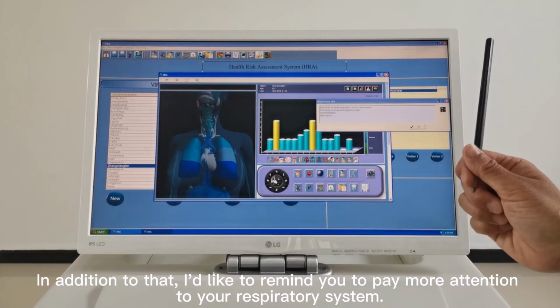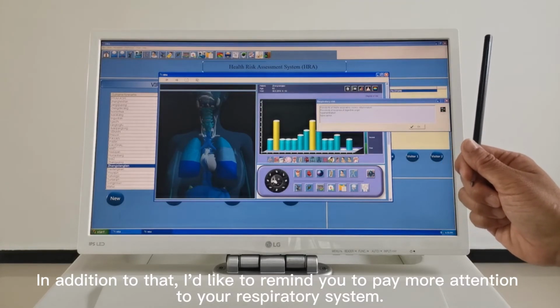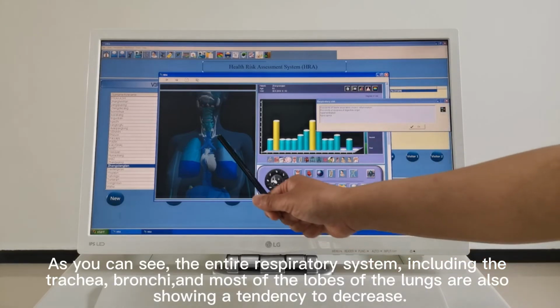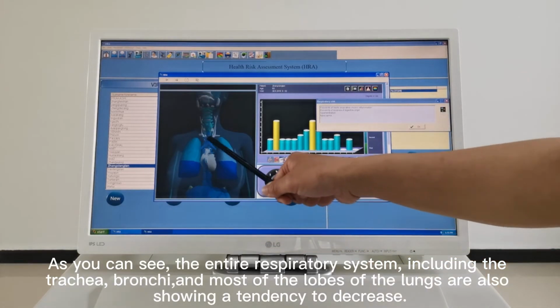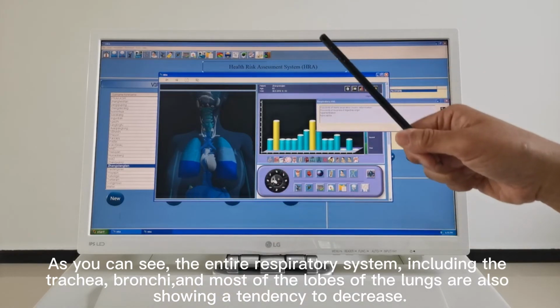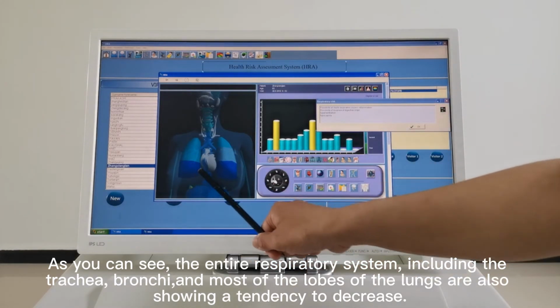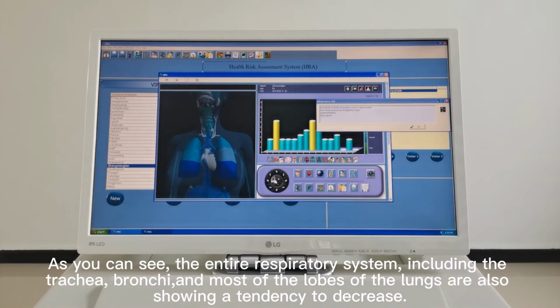And in addition to that, please pay more attention to your respiratory system as well. As you can see, the entire respiratory system, including the trachea, bronchi, and most of the lobes of the lung, is also showing a tendency of decrease.